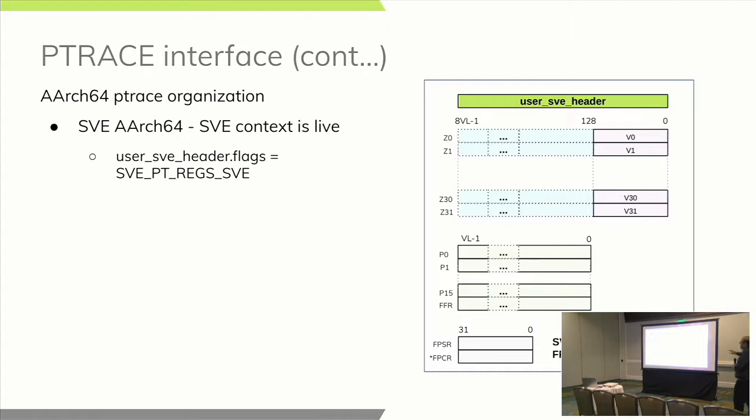After the size is figured out, we can calculate the size of the whole payload and then read it into the debugger and show the values to the user. So this is what the ptrace interface has provided us.